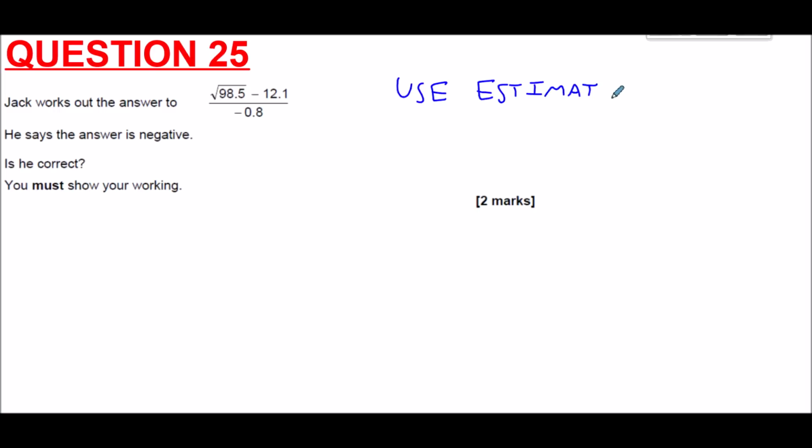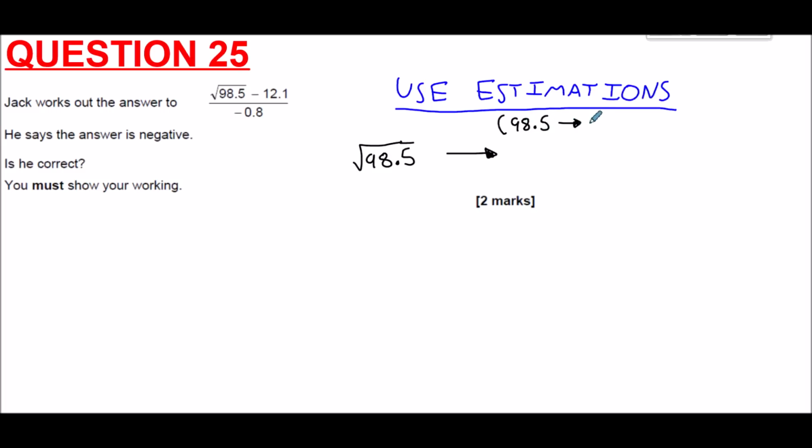And so the square root of 98.5, I've no idea what it is really. All I know is it'll be 9 point something. We can change that, we can round it off. 98.5 is roughly 100, so we can round 98.5 to 100.